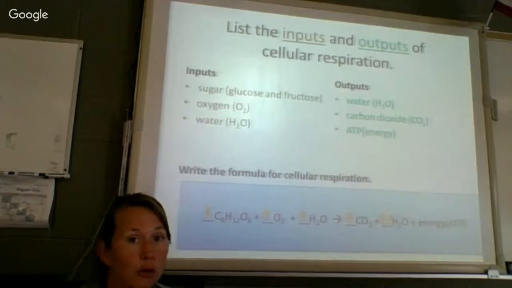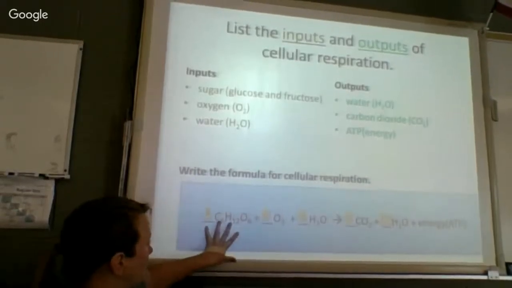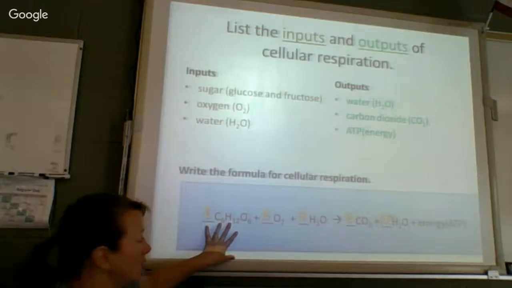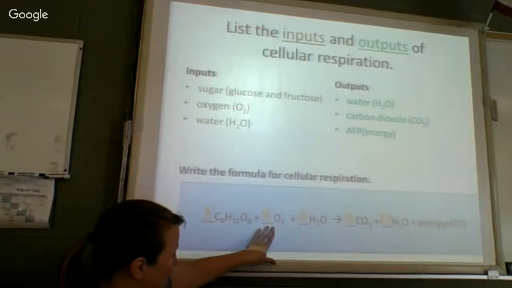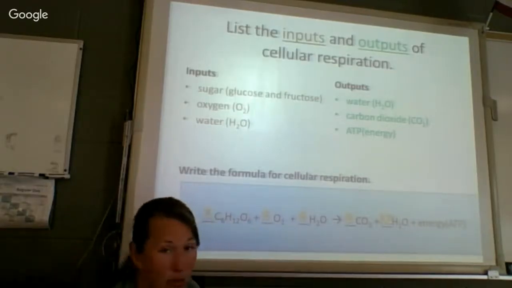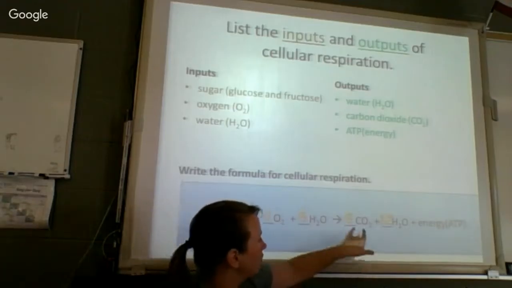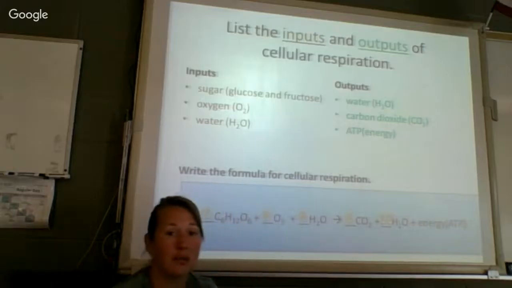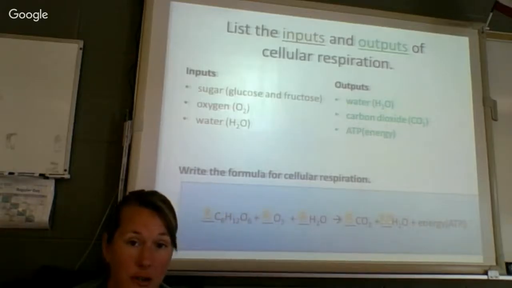For cellular respiration, we need one C6H12O6, which is our glucose molecule, our food. We have 6O2 and 6H2O, and that converts over to 6CO2, 12H2O, and ATP, which is our usable form of energy. Okay, that's cellular respiration.